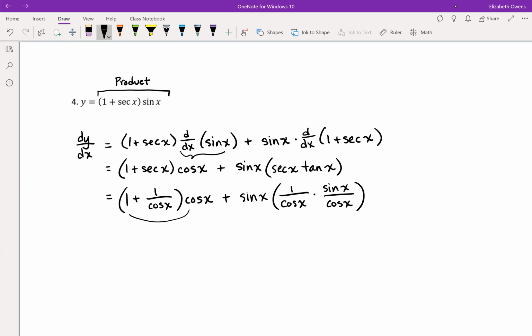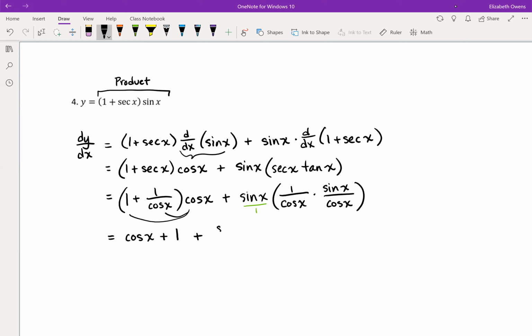So distribute your cosine x here. I'm going to have cosine x plus 1, since those would cancel, secant times cosine. And then over here, these are all just fractions. Sine over 1 times 1 over cosine times sine over cosine.